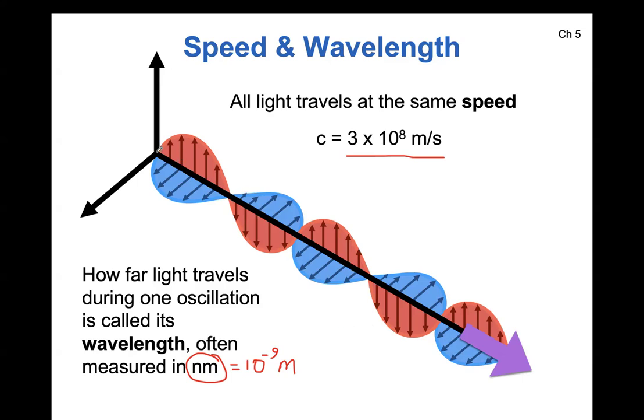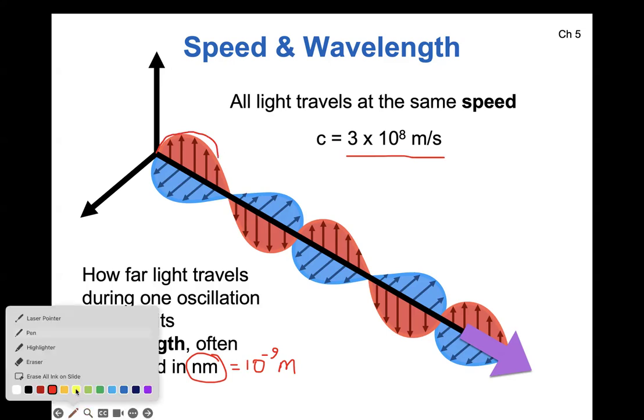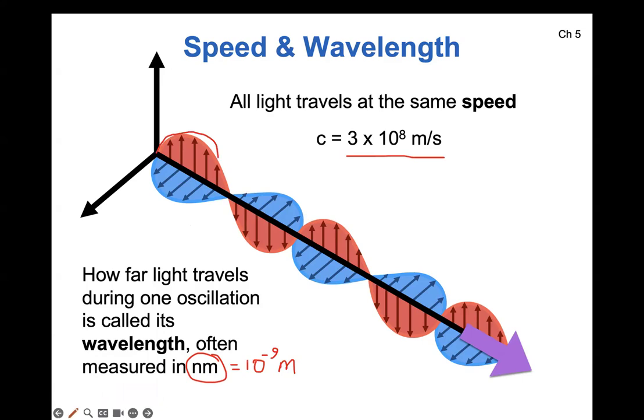And in the picture, a wavelength would be one complete oscillation. Here, let me change my color and see it more clearly. So one complete waveform or one complete oscillation from beginning to end. Here I'll start right here, and I draw the light wave. So it goes down, and it's a sinusoidal light wave.